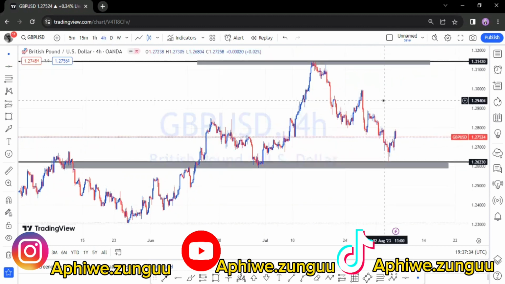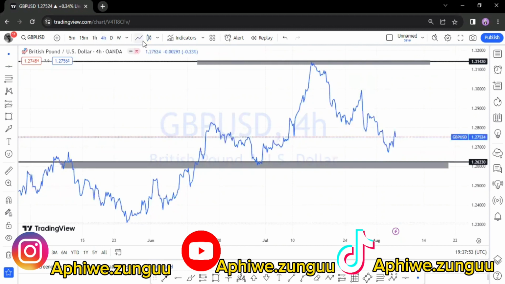So step number 1 is that I mark out my highs and lows, right? As I already marked out my high, which is this one, and my low, which is this one. The next rule that I focus on is that I gotta mark out my sensitive areas, because as you can see, the market is moving towards the downside.